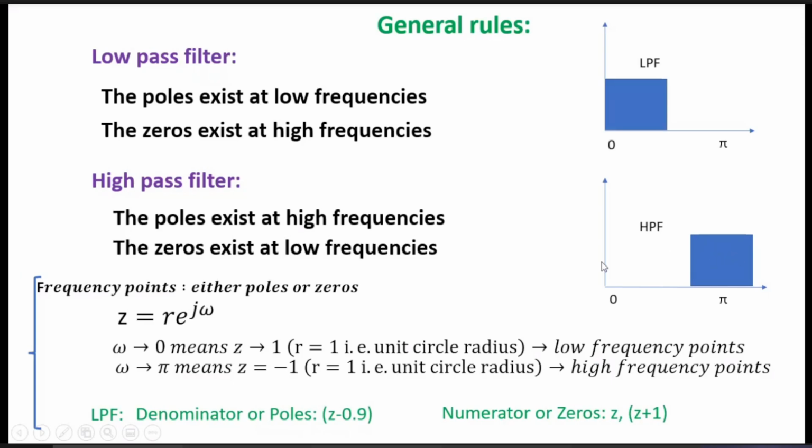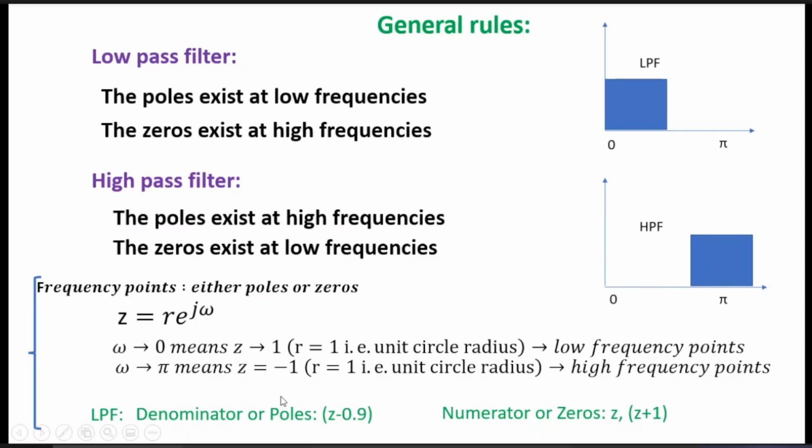What is a pole or zero actually? It is a frequency point, a point in the z plane. Those values of z you have to set according to your desired filter. So the z value is r e to the power j omega.